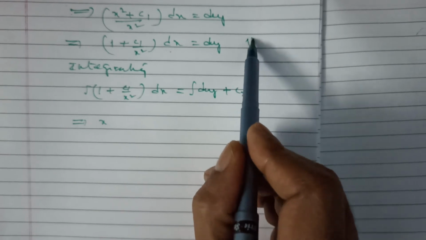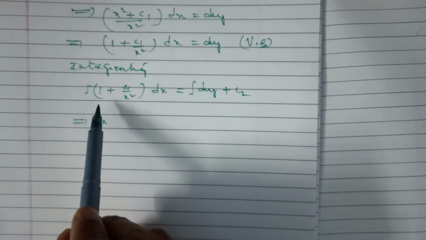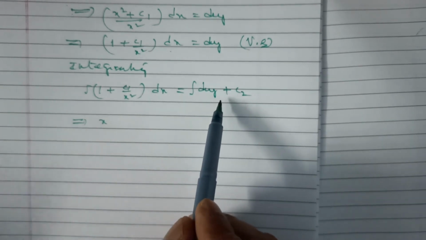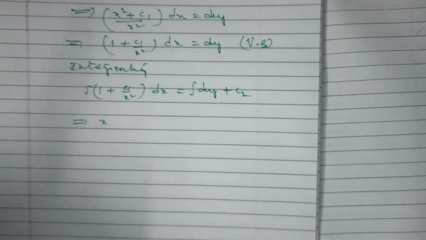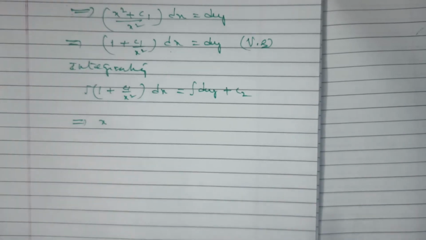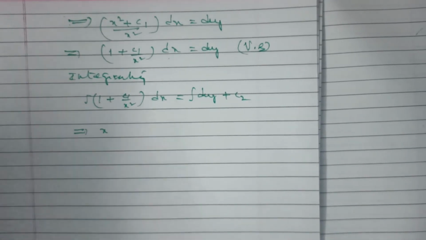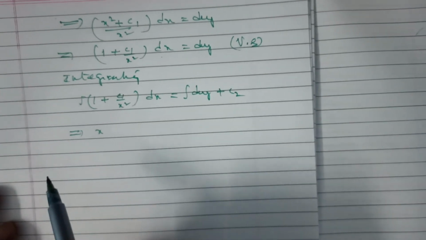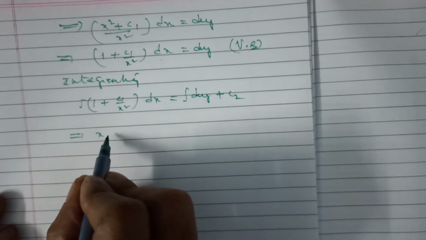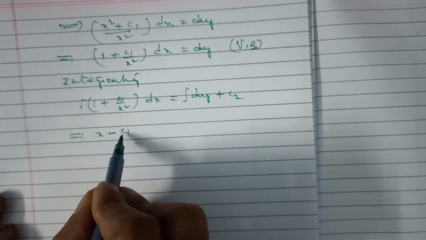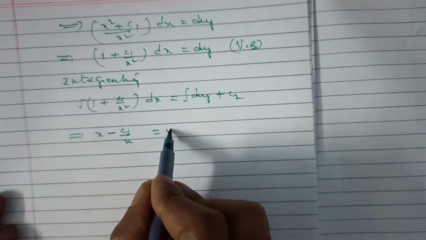It is variable separable form. Integrating, integral of 1 plus c1 by x square dx is equal to integral dy plus c2, implies the integration is x, and c1 by x square we integrate, it is minus c1 by x is equal to y plus c2.